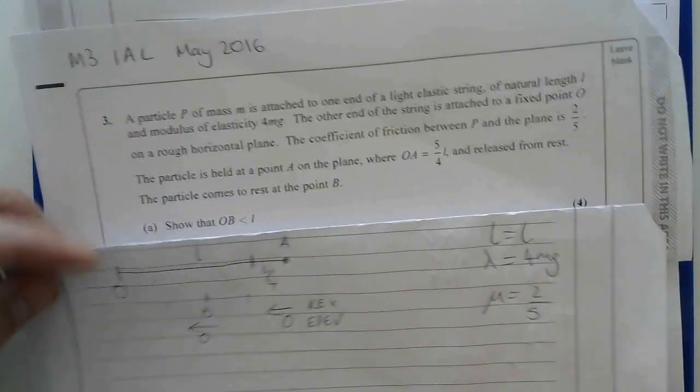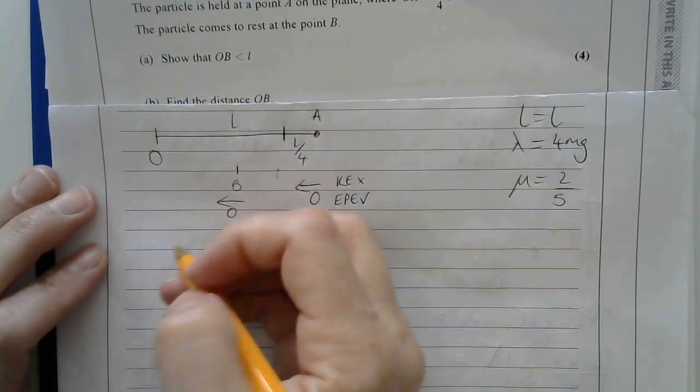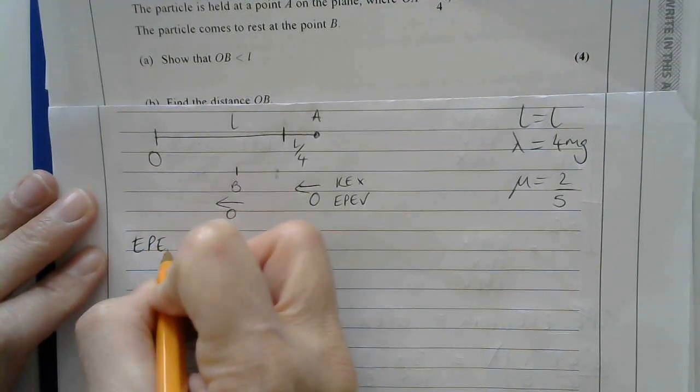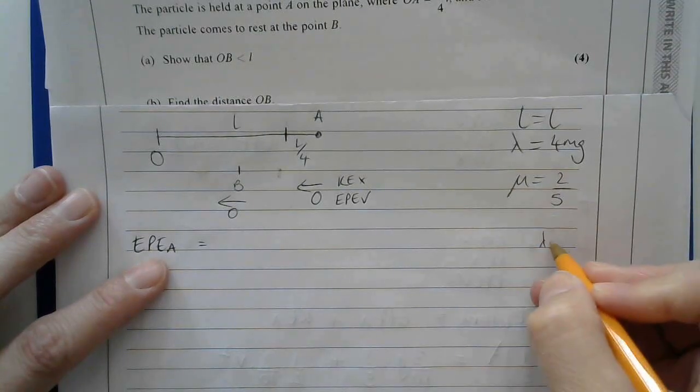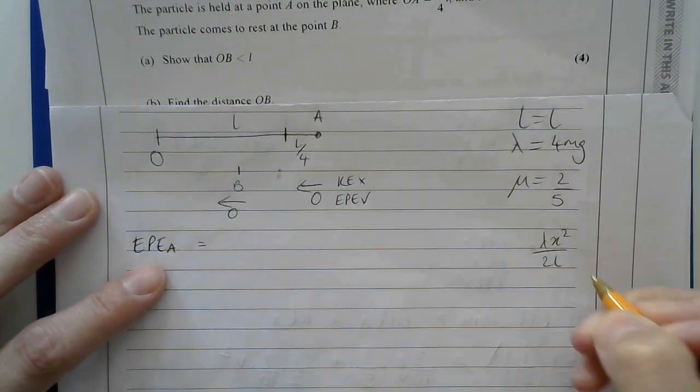If I look at the elastic potential energy at A, then the formula is lambda times the extension squared over 2 times the natural length.